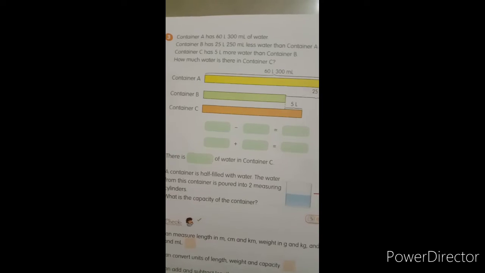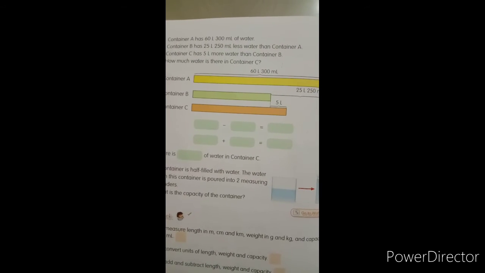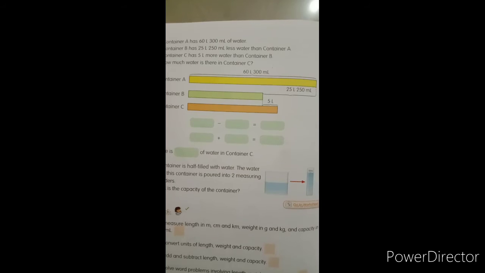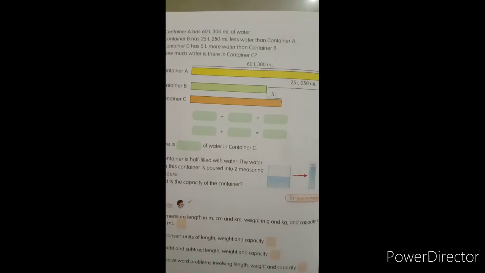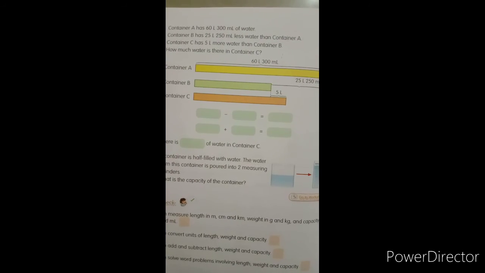The next question is: container A has 60 liters 300 milliliters of water. Container B has 25 liter 250 milliliters less water than container A, and container C has 5 liter more water than container B. How much water is there in container C? So let's see this.